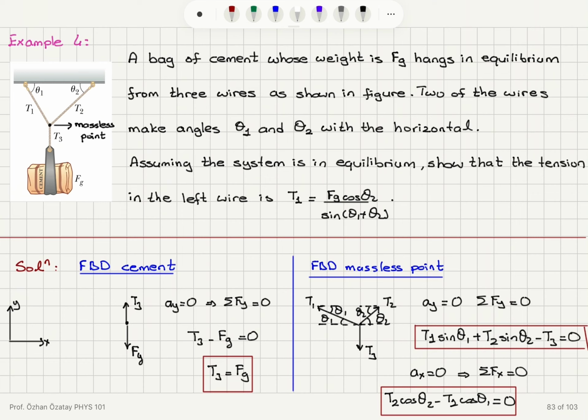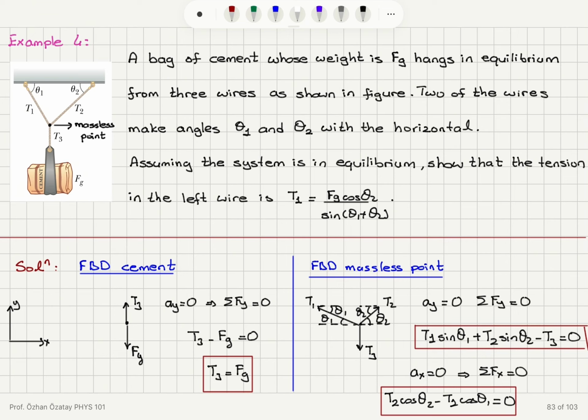Okay, so in summary, we have worked on a bag of cement which was hanging from 3 wires and it was in equilibrium. So we have determined the relationship between the tensions on these wires, and we did that by looking at the free body diagrams for the cement and for the joint point between the 3 wires.